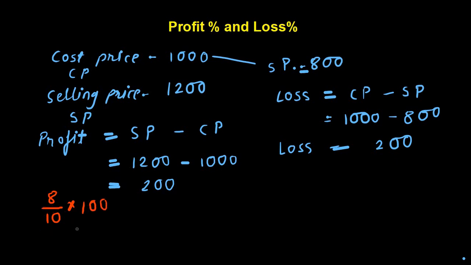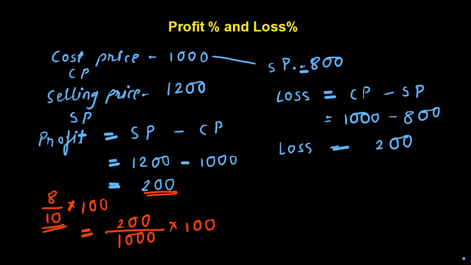Here also we are going to do the same thing. For profit percentage, we know the profit is 200, so we write 200. Now instead of total marks, we write the cost price, which was 1,000 rupees. We are finding a percentage, so you just multiply by 100.